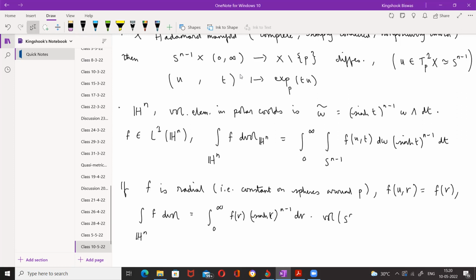This is some constant which depends on n. So you can see that a radial function will be L1 if it has enough exponential decay; it has to decay exponentially fast enough.